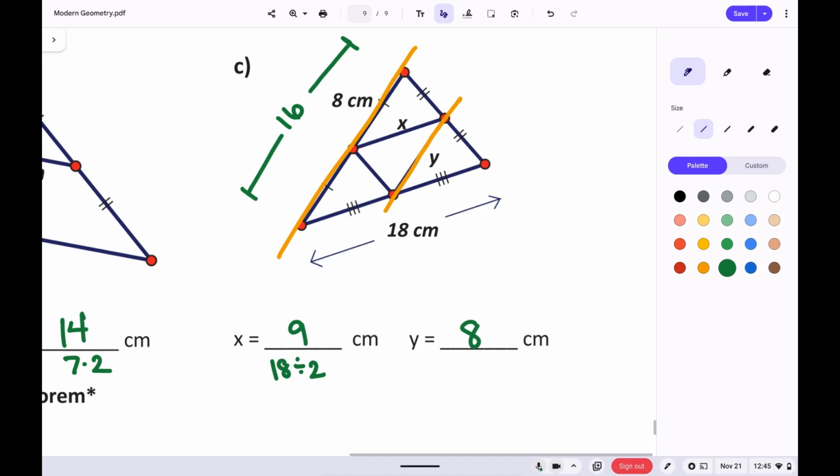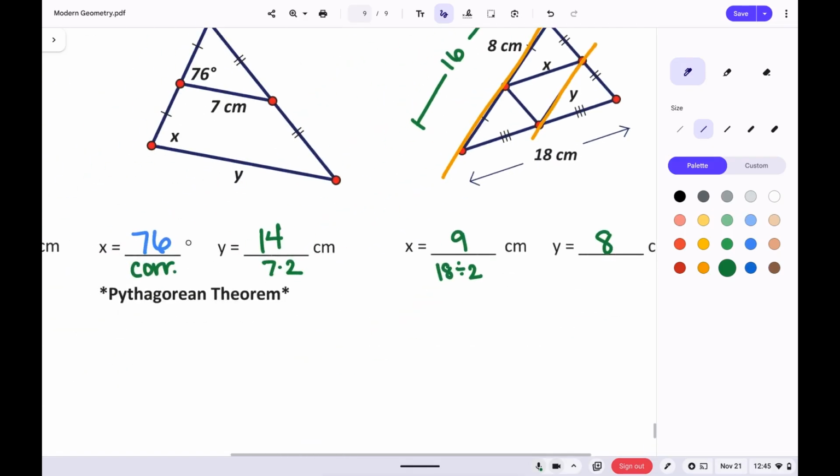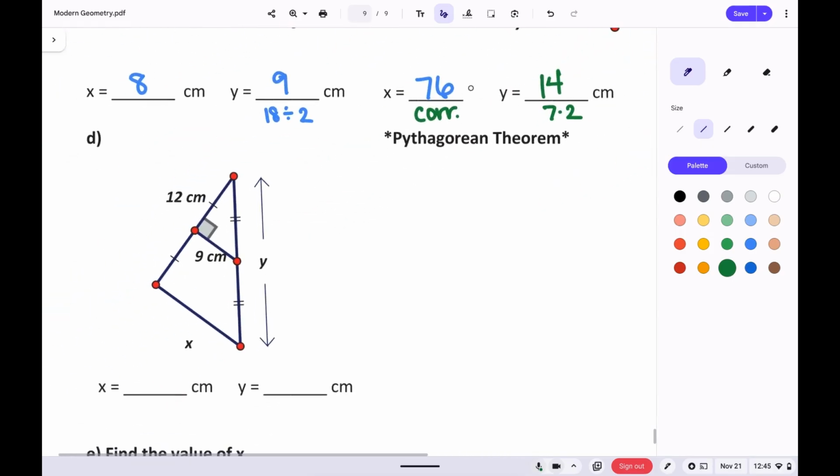What if you knew that this was 3? This is unmarked, but let's say it's 3. How much is this? 3, and this would be 3. So when you have those mid-segments and they're cutting those pieces in half, that's going to happen on all 3 sides. So just maybe another little thing to point out, and you guys could use that in the future. All right, let's go on to letter D here.